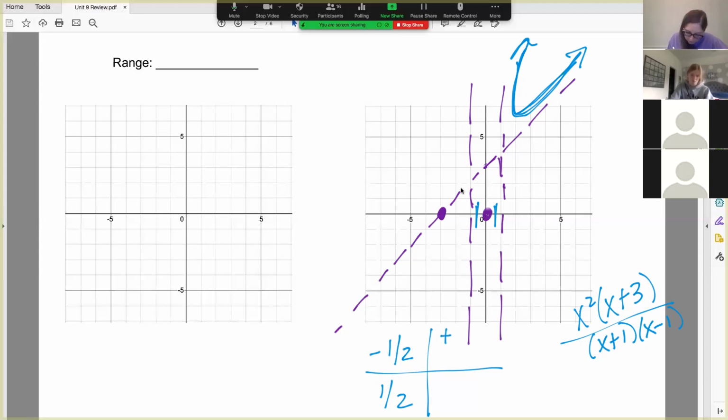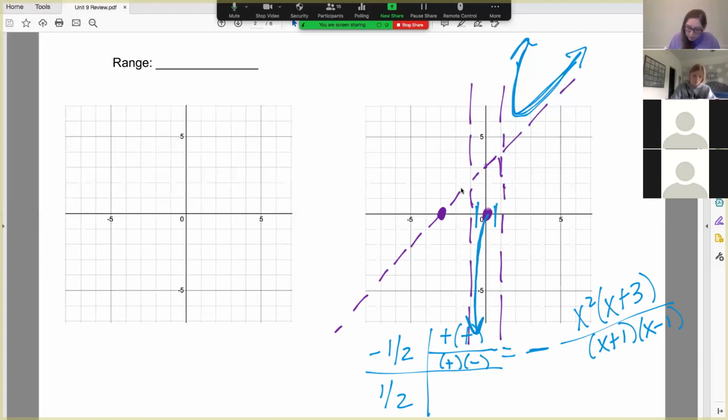So positive times positive on top over positive times negative, which would mean negative on bottom. Positive on top, negative on bottom means overall a negative number. So it's going to be going down like this.